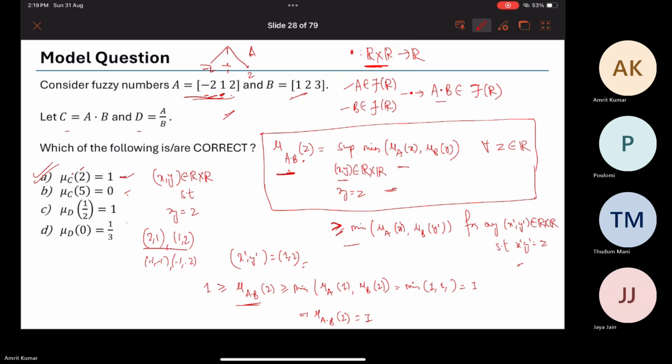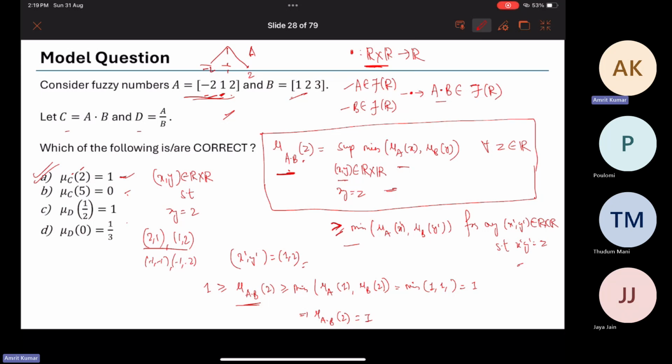right? So we have already discussed in the past that when we need to show that a particular membership value is equal to 1, it suffices to show that it is greater than or equal to 1. And that is essentially the idea that we have used here.